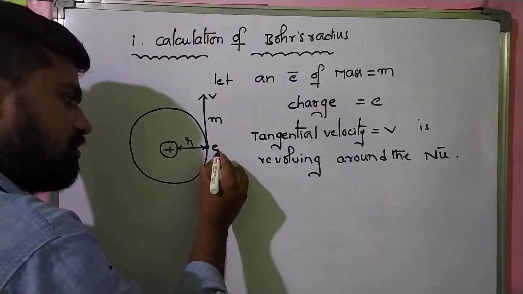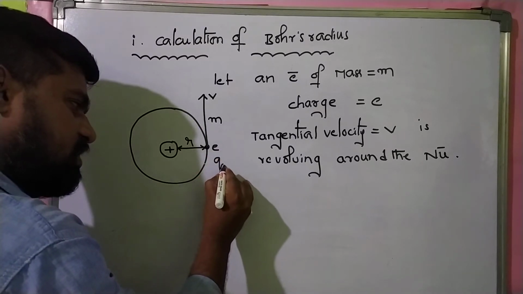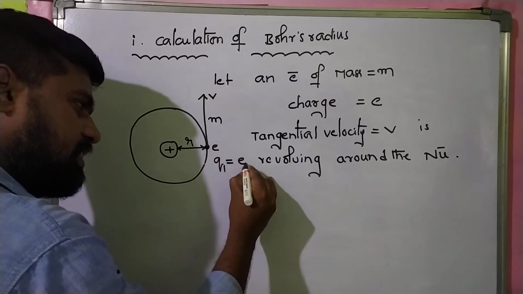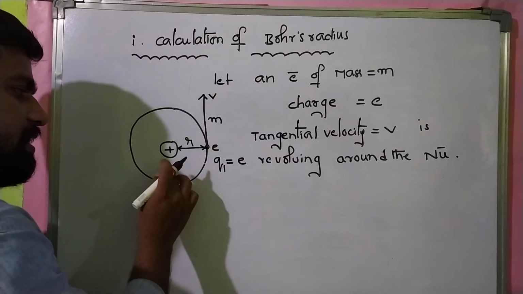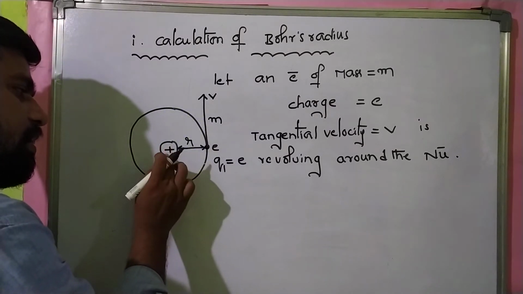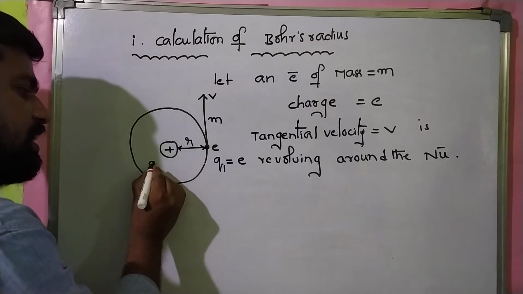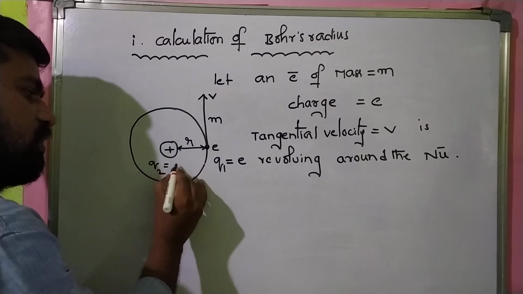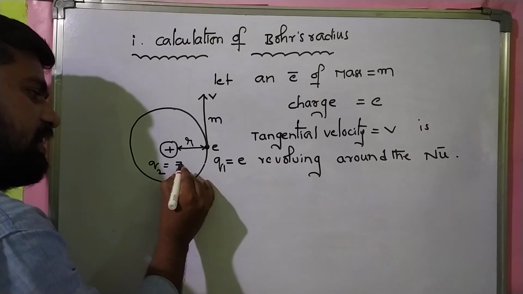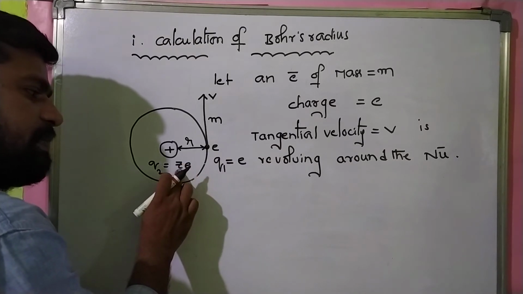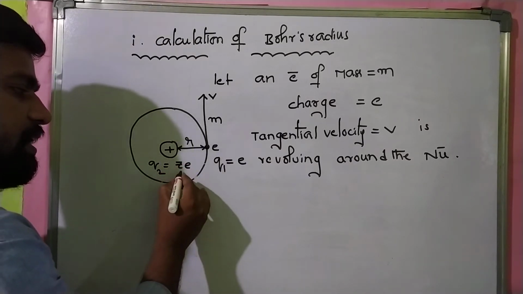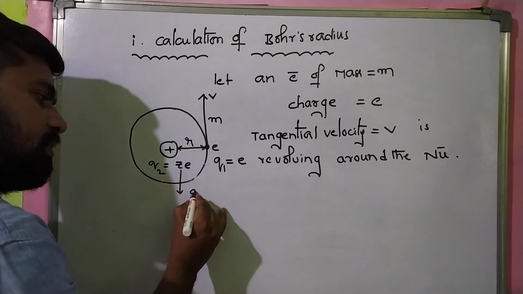Now the charge of this electron, say it is Q1, it is E, and the charge of the positively charged nucleus, say it is Q2, it equals Z into E. Z means atomic number. Remember everybody, Z means here atomic number.